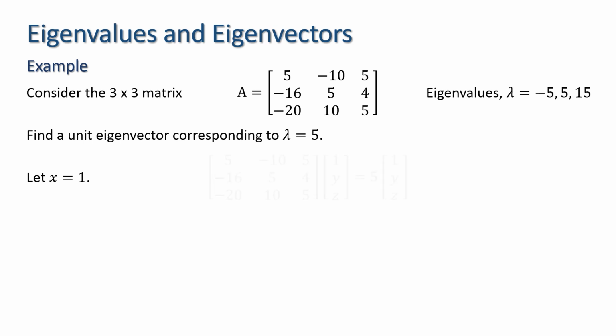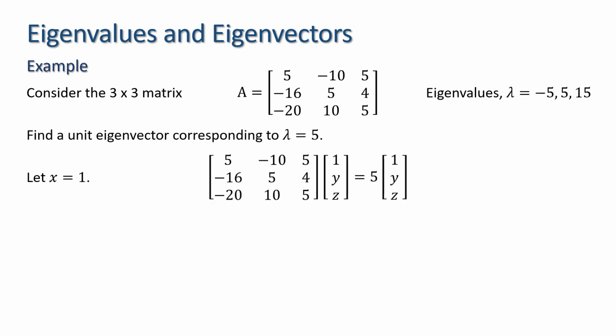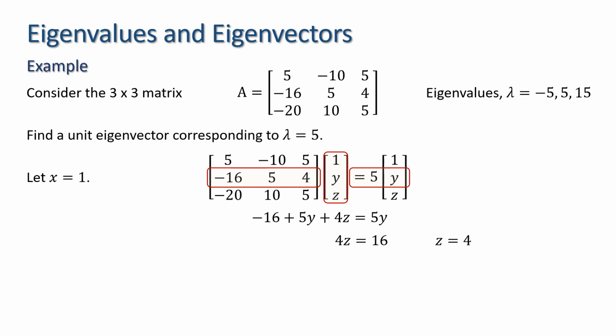Well, we know that Ax must equal 5x, and we can use any of the three resulting linear equations to find y and z. For example, if I take the second equation, we have minus 16 plus 5y plus 4z equals 5y. Subtracting 5y and adding 16 to both sides of this equation, we can see that 4z equals 16, giving us z equals 4.